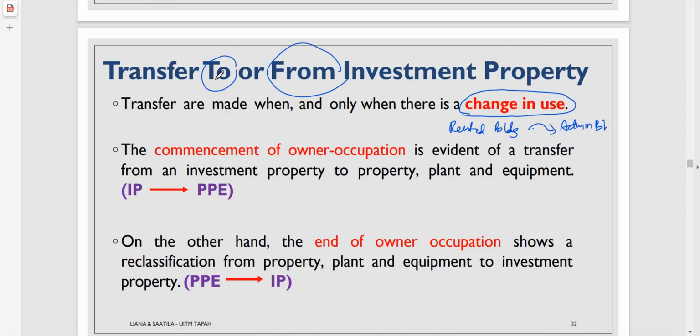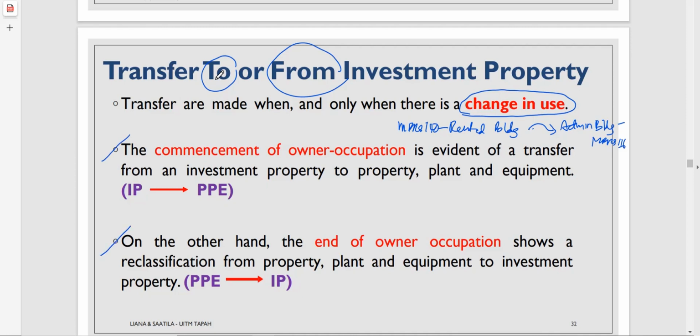So there was a change in use of the building from being rented out to becoming an admin building. Because of that, this is also going to change the accounting treatment from MFRS 140 to MFRS 116.